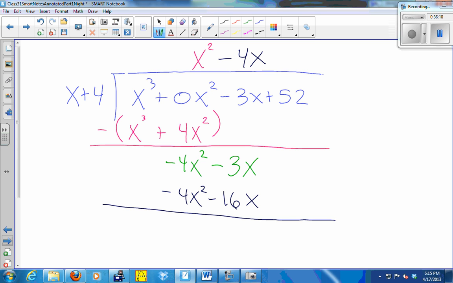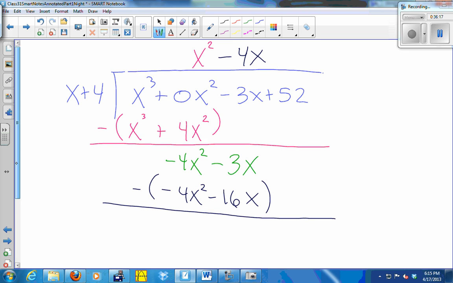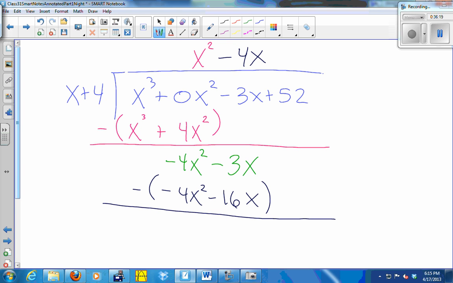And you subtract. Okay, so I have negative 4x squared minus negative 4x squared. Those cancel. Then I have negative 3x minus negative 16x. So that's really negative 3x plus 16x, which is 13x. Bring down the 52 and start again.